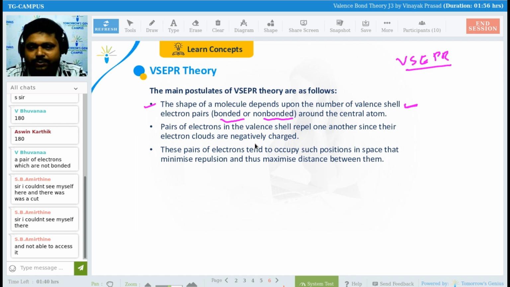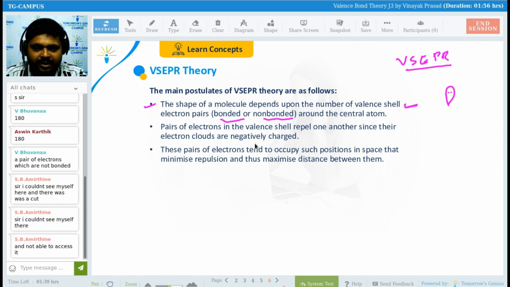Non-bonded means there will be a lone pair. If there is a lone pair, then there can be a different shape as well. If the number of bonds is the same, then their geometry will be the same, but their shape can be different if a lone pair is included.